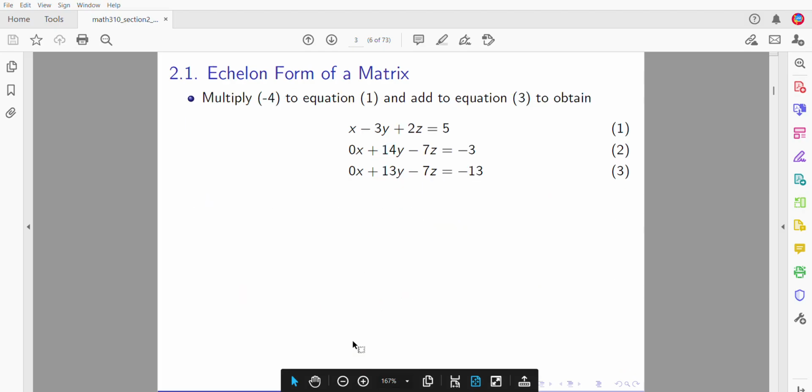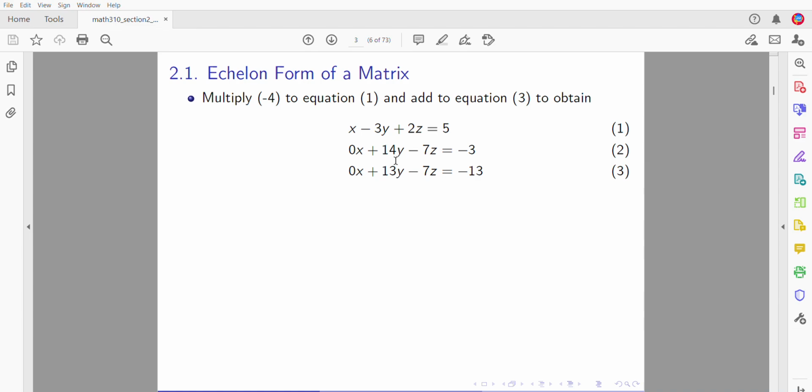Assuming my calculations are correct, I get a 0 here and 13, negative 7, negative 13 here. So now, that's my first equation. Second and third equations do not have x at all.